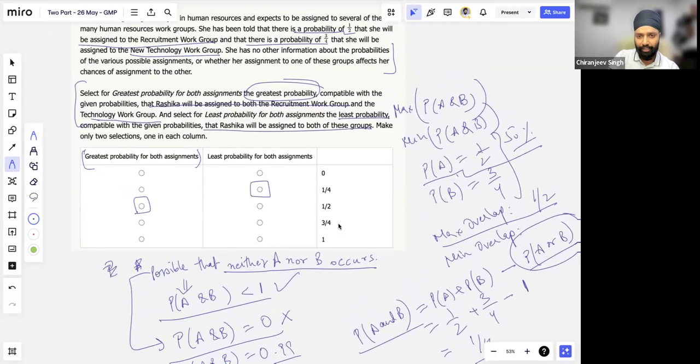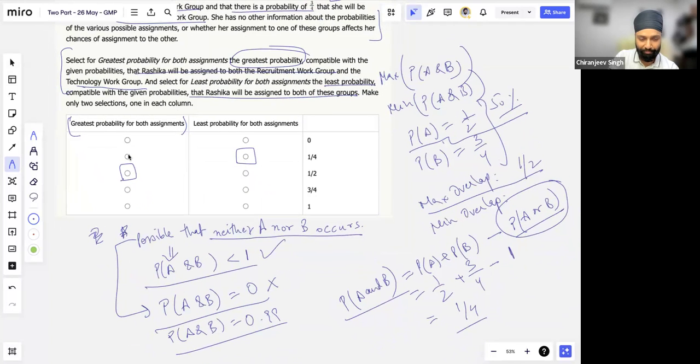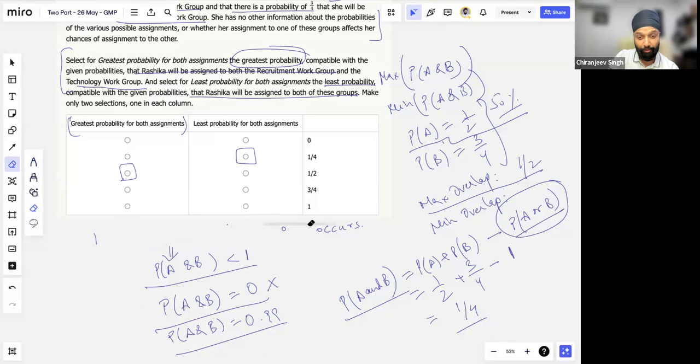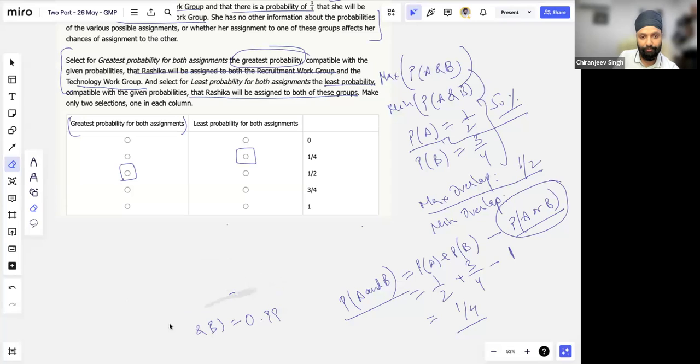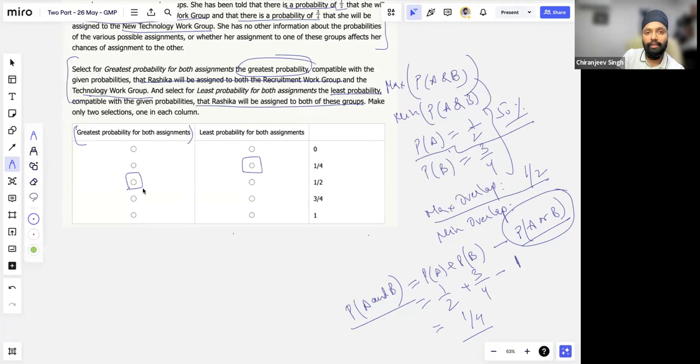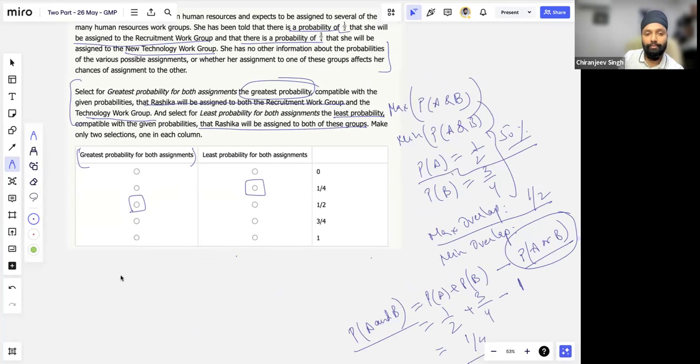So let me also share how I thought about it. And I'll have to think about how to explain that. Okay. So मेरे लिए क्या था कि there is a recruitment group and there is a NTWG, right?